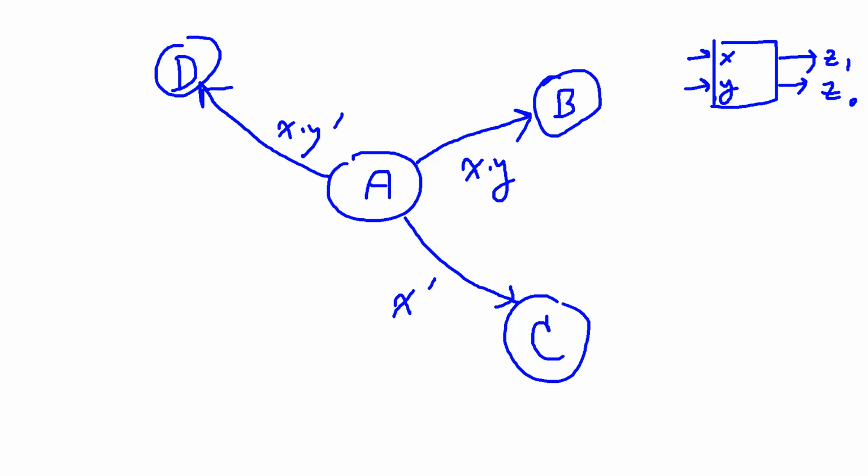Now let me focus only on the input condition to make the state change. Because there are two input variables, there are four possible values of the input, namely 0 0, 0 1, 1 0, and 1 1.